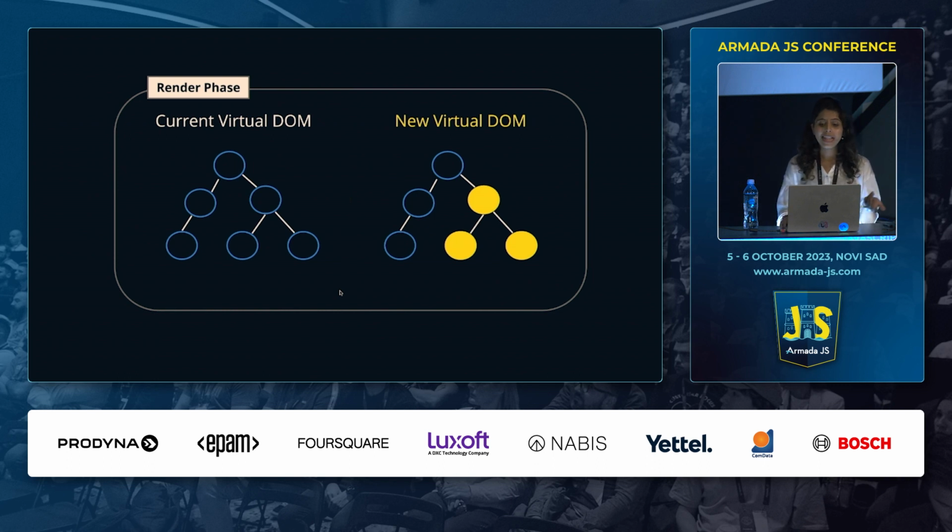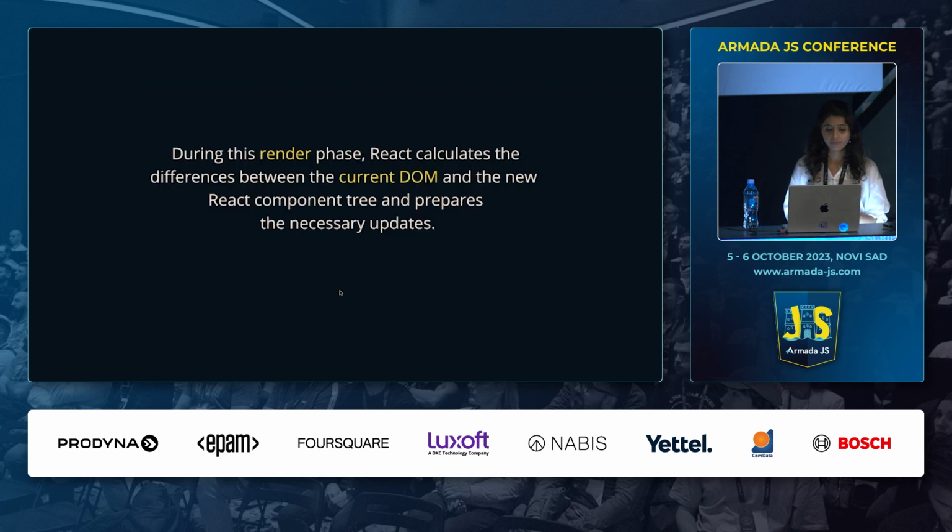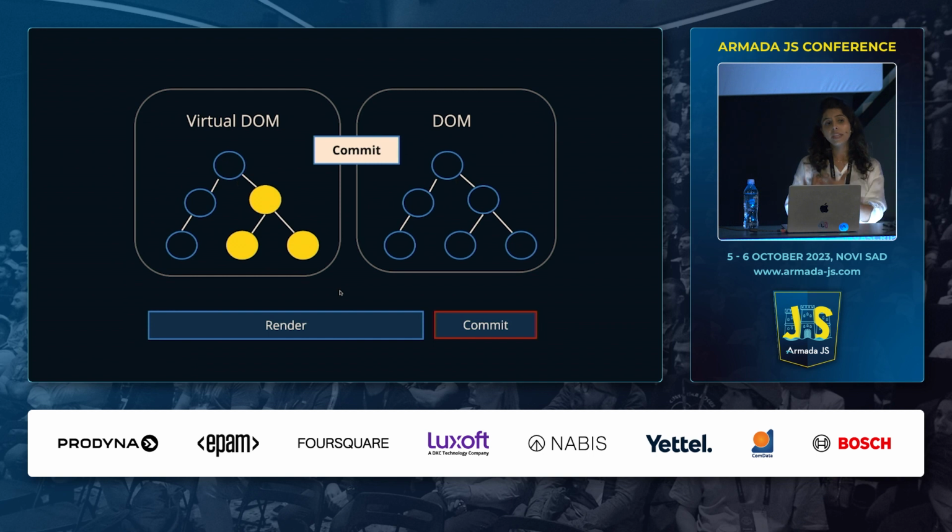This is where all the calculations happen, so it prepares the necessary updates. Finally, React will enter the commit phase, where it commits all the changes in the virtual DOM to the actual DOM, and then the user sees all those changes.